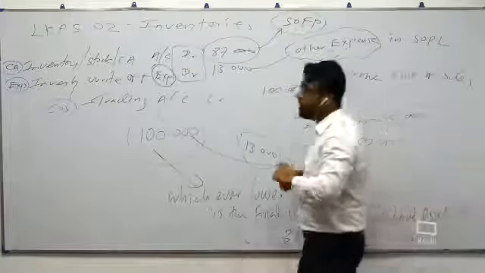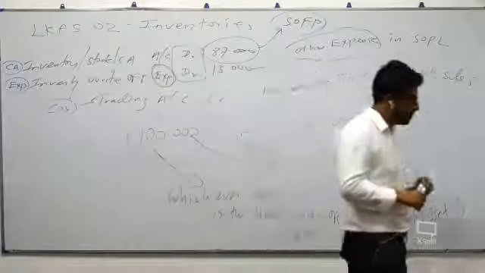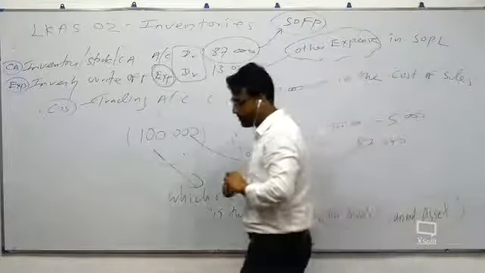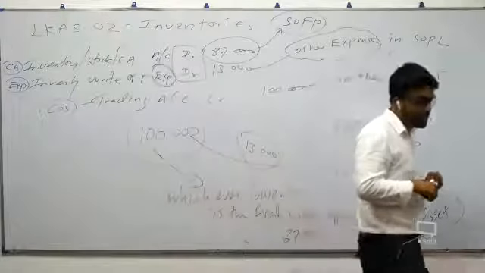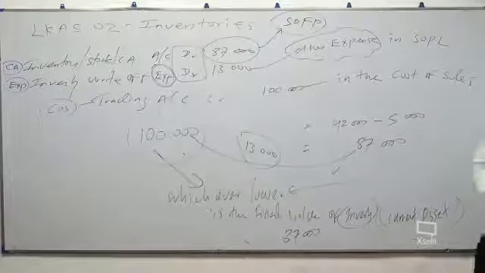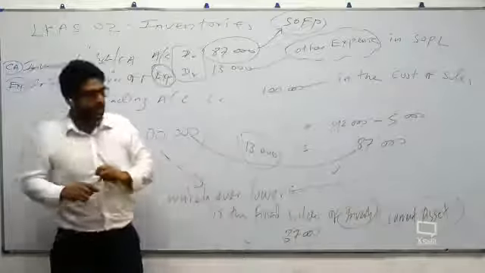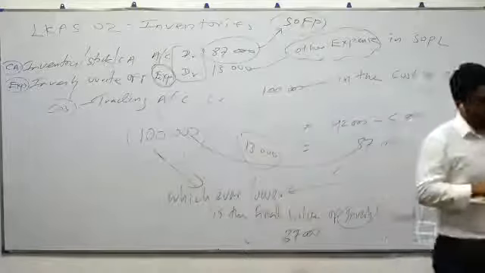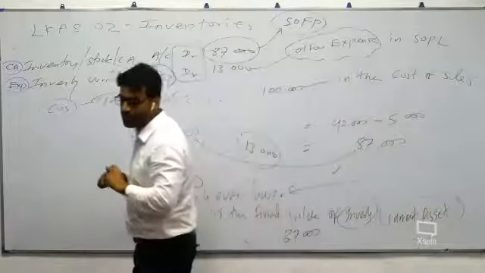Second note, write down. If a company expects a loss on the future sale of inventory, that loss should be immediately recorded in the current year's financial statement under other expenses.